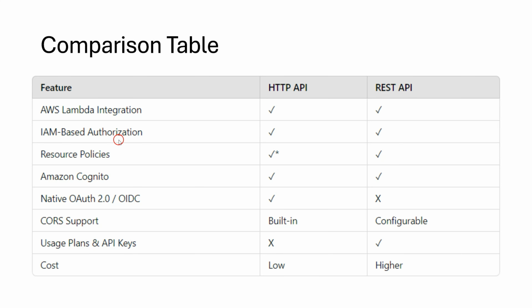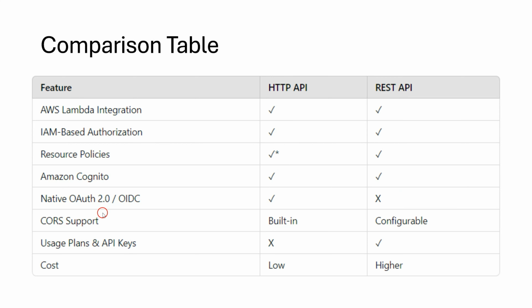And IAM-based authorization, both HTTP and REST API provide because both reside in the AWS account, and resource-based policies are also provided by the HTTP API and REST API, and Amazon Cognito. It is available for the HTTP API and REST API. Native OAuth 2.0 and OIDC are available in HTTP API, but not in REST API.